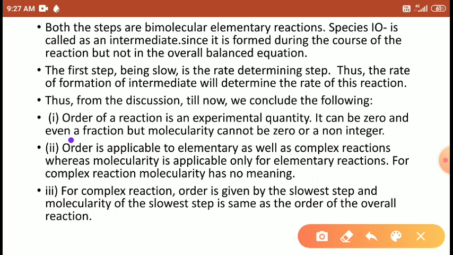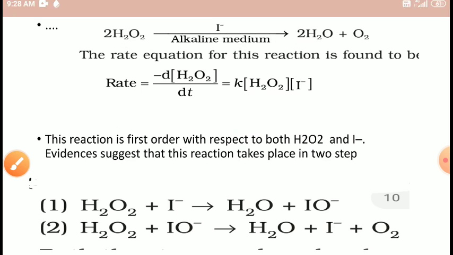And order is applicable to elementary as well as complex reactions. Elementary means two or more reactant species are reacting in a single step. But complex reactions, we have already seen in the previous slide.